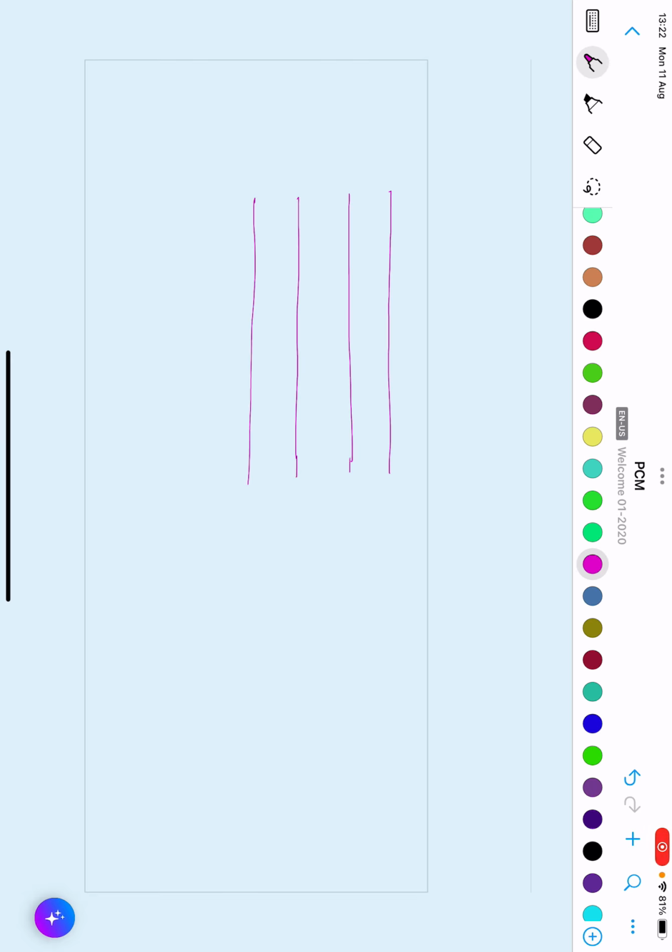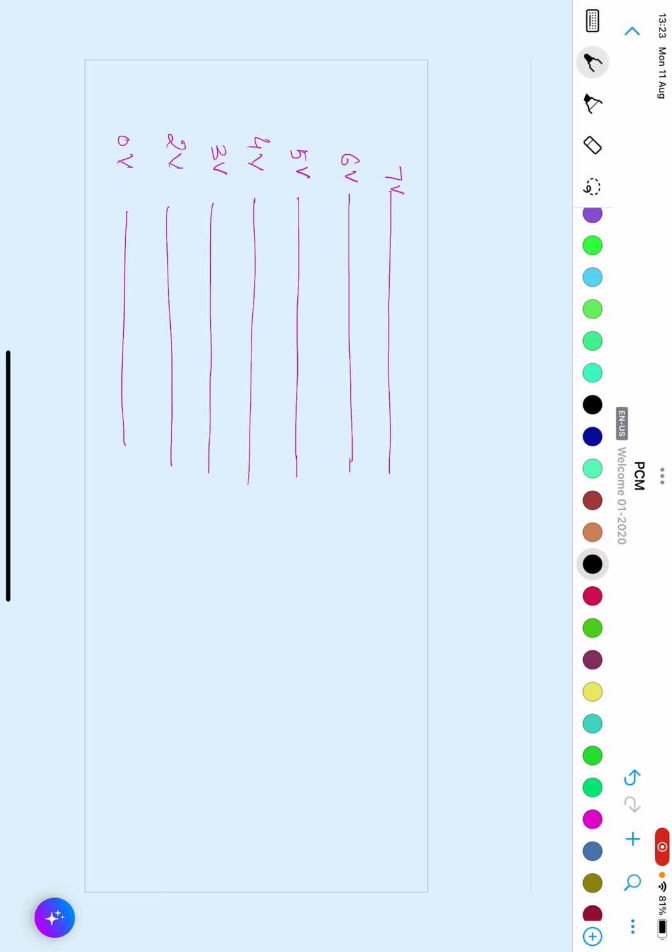My drawing might not be right. 4, so it might be 7 volts, then 6 volts, 5 volts, 4 volts, 3 volts, 2 volts and 0 volts. And we have a pulse amplitude modulated signal like this.